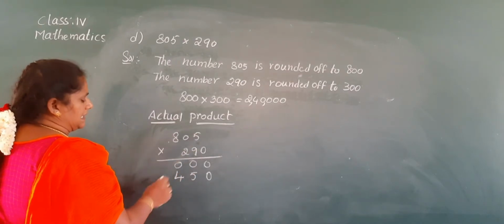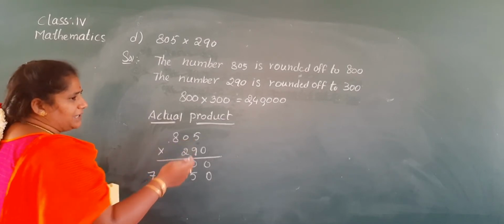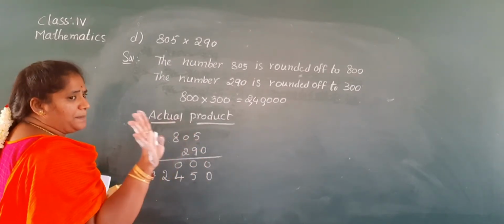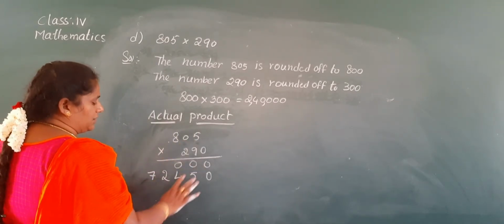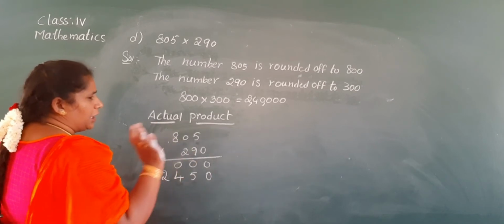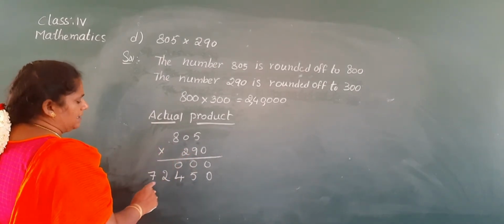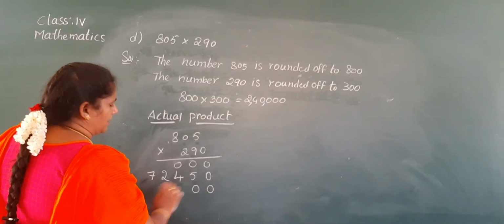So 9 8s are 72. Is it clear? 9 5s are 45. 4 in hand, 5 is down. 9 0 0 plus 4, 4. So that 0 is there in the tens place, so I'll write 45 down itself. Okay? Don't get confused. 9 8s are 72.